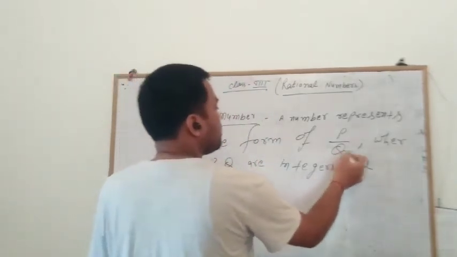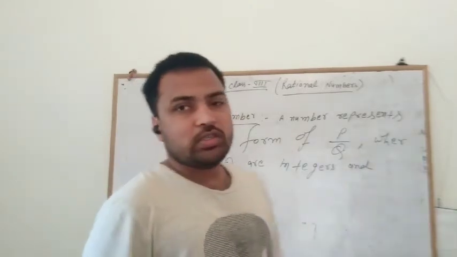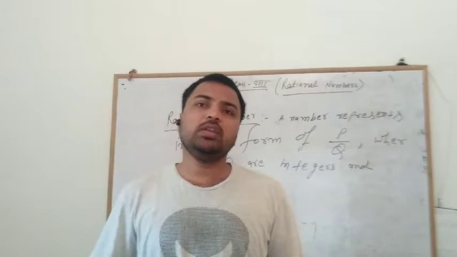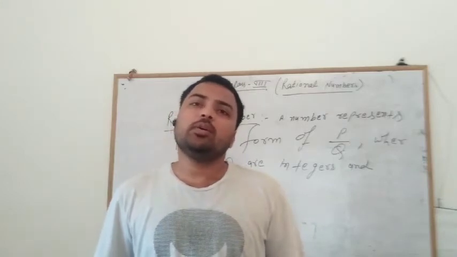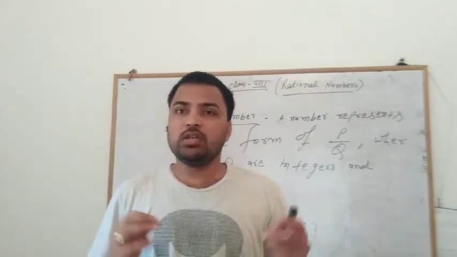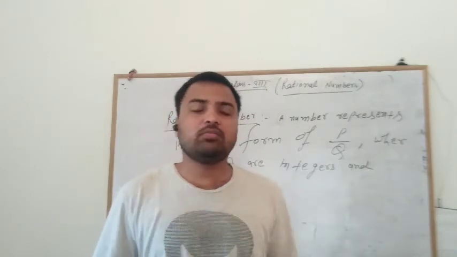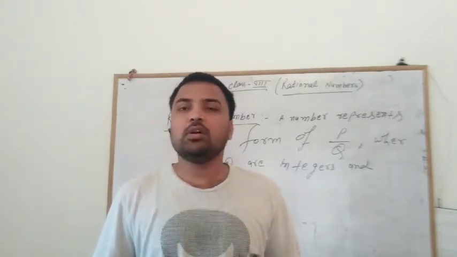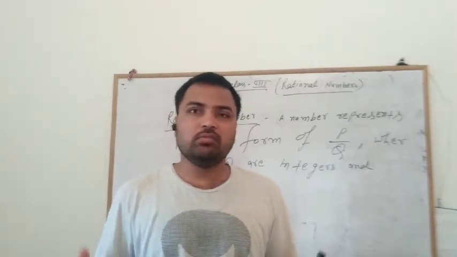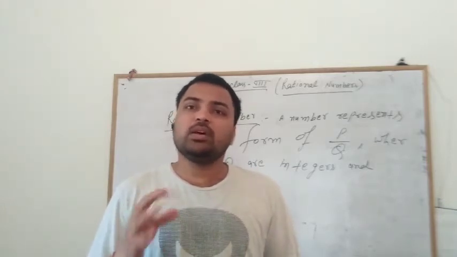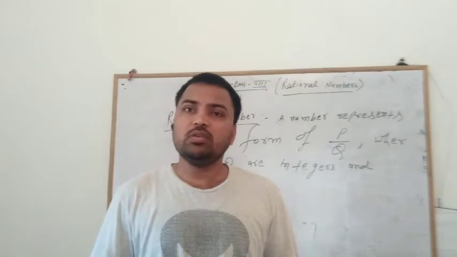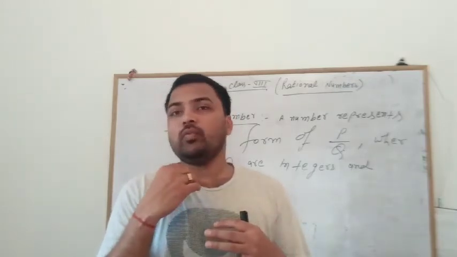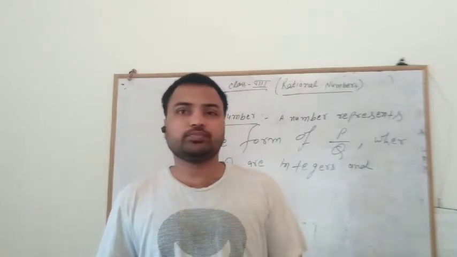Here q is the denominator, so we already state that the denominator must not be 0. Basically, a rational number can be represented in the form of a by b, p by q, or x by y, where the denominator must not be 0 and the numerator and the denominator are always integers.